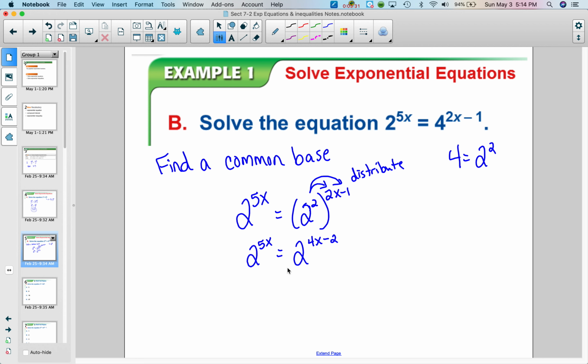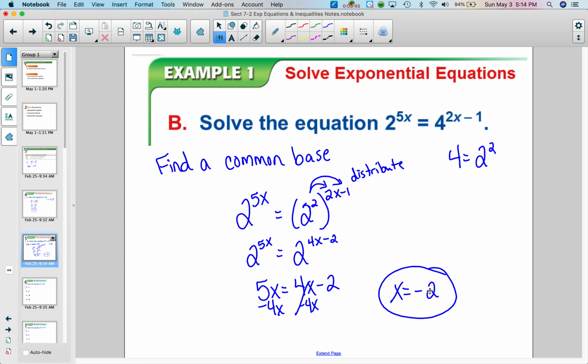Now the bases are the same, so I can set the powers equal to each other and just solve this equation. I'm going to subtract 4x from both sides, and I get x equals -2. That's my answer. Again, you can check it. If you plugged in a -2 up here, you get 2 to the -10th. You can plug in a -2 here and see what you get, and you can check it on your calculator.